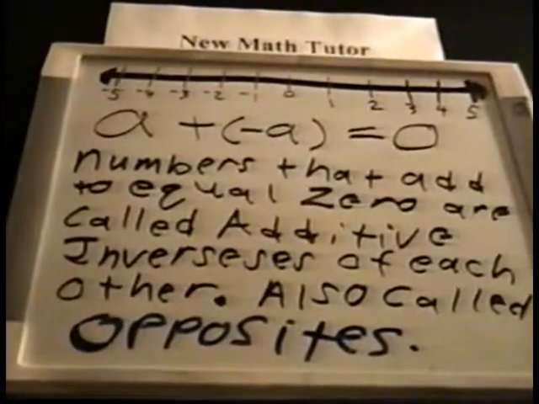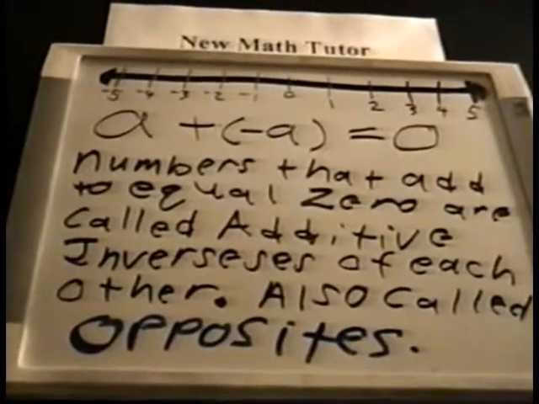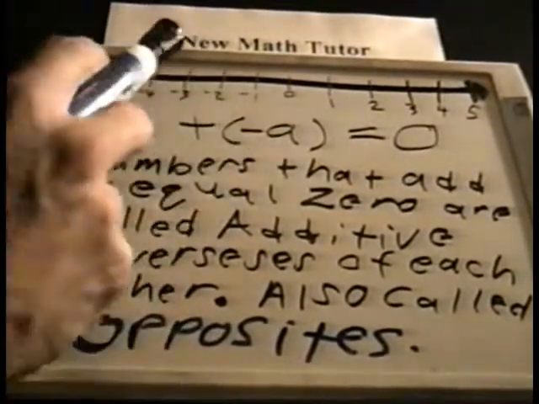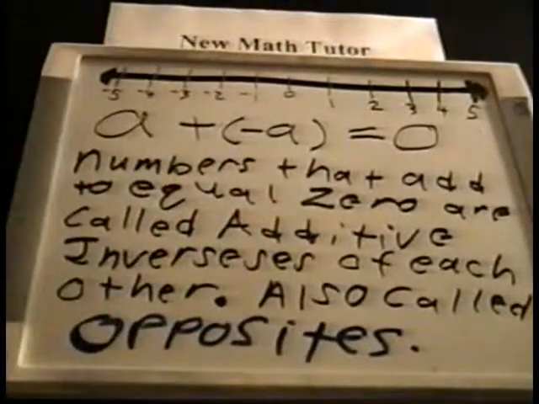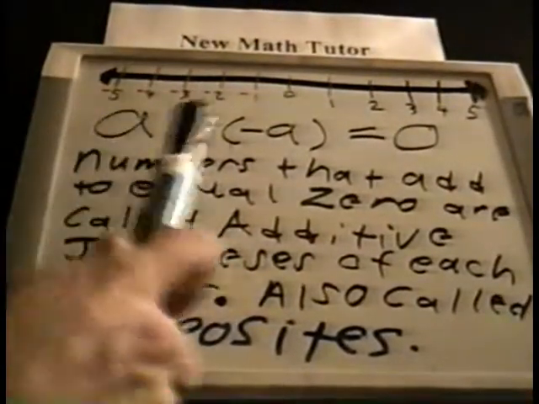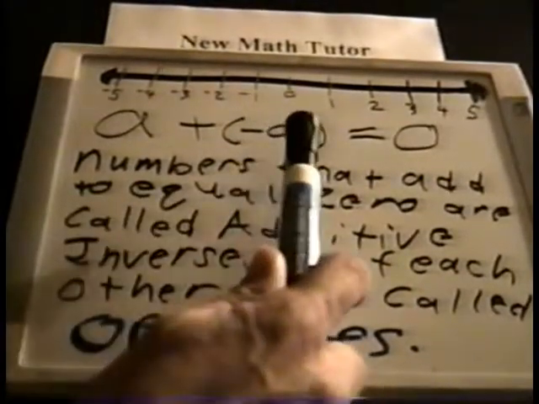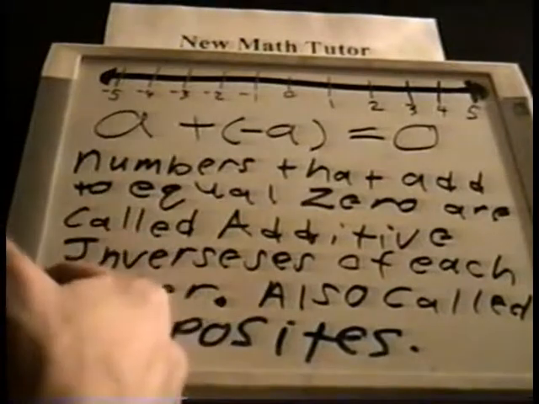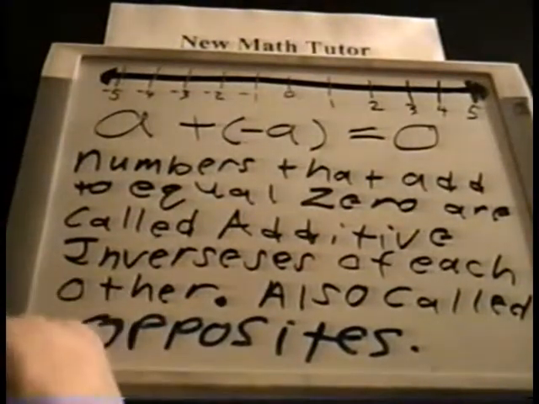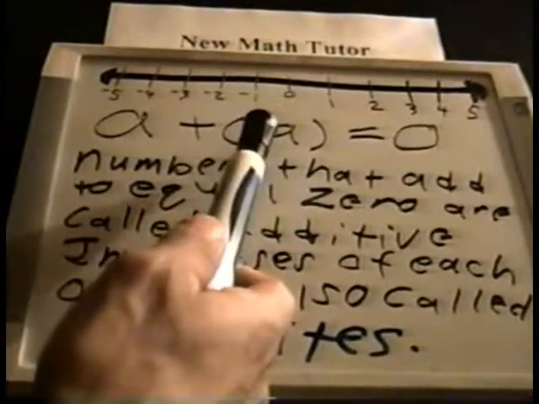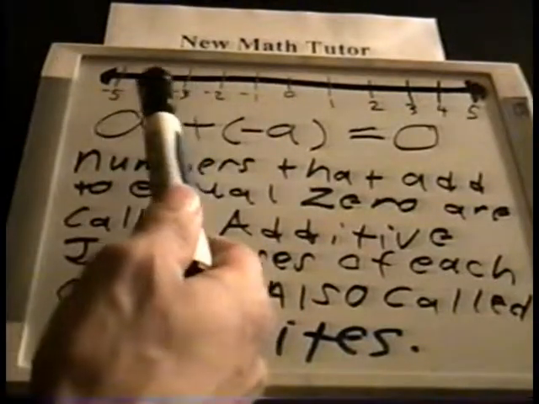Therefore, any number plus its additive inverse equals 0. So if we have any number a, we would say that negative a is the additive inverse of a.